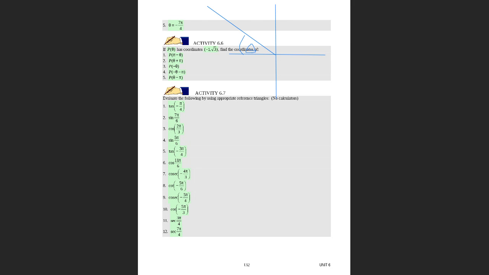And now they said this P of theta, because it's here, has a coordinate of minus 1 and root of 3.